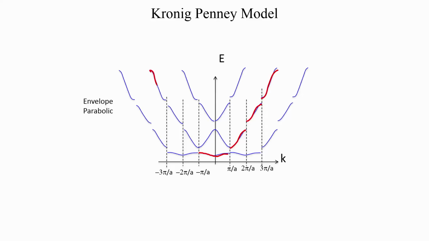You can see that the origin was chosen here, but we might as well draw an EK diagram here, which again has the same kind of energy profile. You can see the little stitches, just translated by this period.